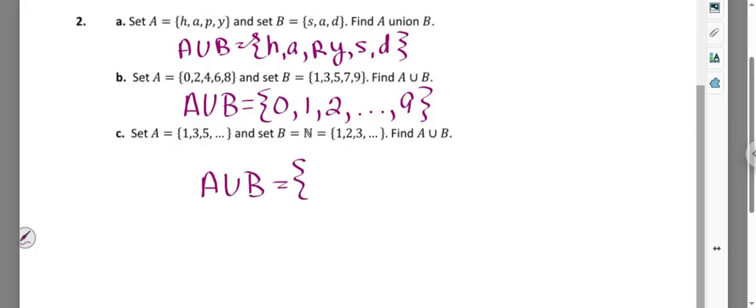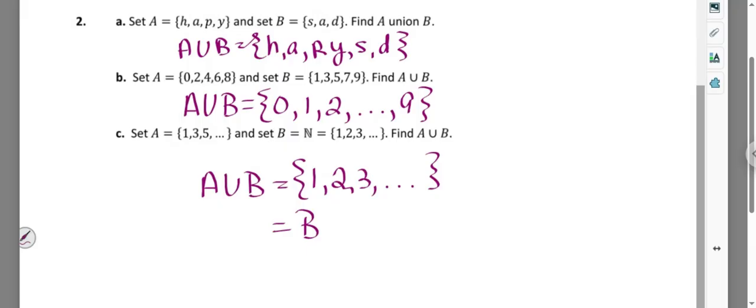All right, the union of A and B. We have set A, which is our odd numbers starting at 1. Set B are the natural numbers. So what would be the union of the two sets? It would be your natural numbers.